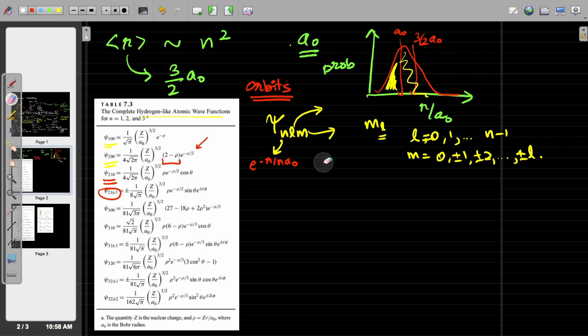Sigma is defined as r by a naught, where a naught is the Bohr radius, and therefore you are able to realize the n quantum number can be easily read out of the e power minus sigma by n term that comes in each of these. So if you pay close attention, there are two e power terms, one with the imaginary part, one with just the real part. The real part one is able to give you the n quantum number.